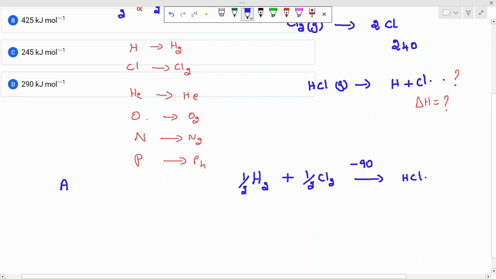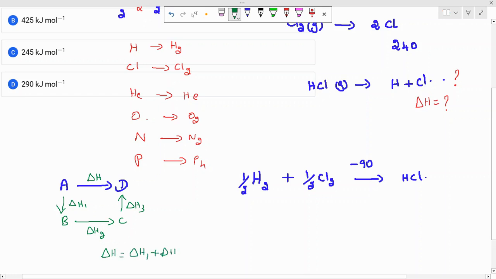According to Hess law, when you are directly converting A to D, and indirectly converting by following many steps, A to B, B to C, C to D, then the delta H for the direct reaction will be equal to delta H1 plus delta H2 plus delta H3. This is actually the Hess law. Heat energy is an additive property.